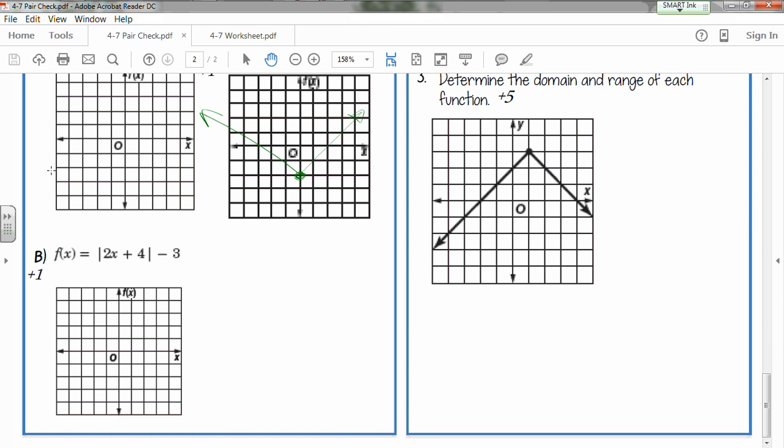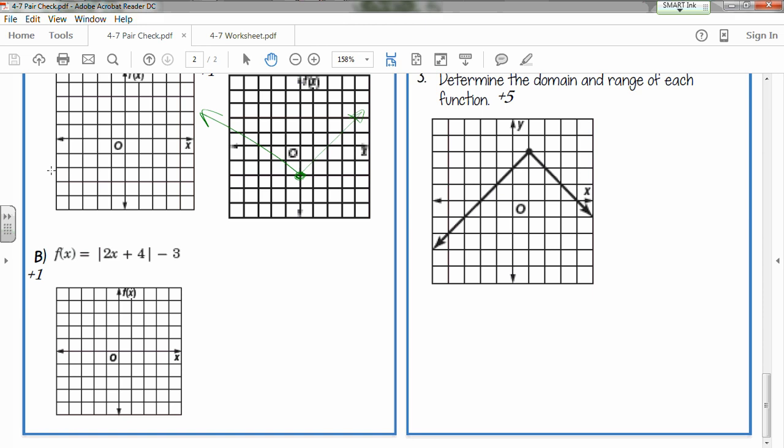Okay, so can I count all the y's that are below that point? No, it's not part of the graph, is it? So I would say all real numbers greater than what? -2, right? So my range is all numbers greater than -2.